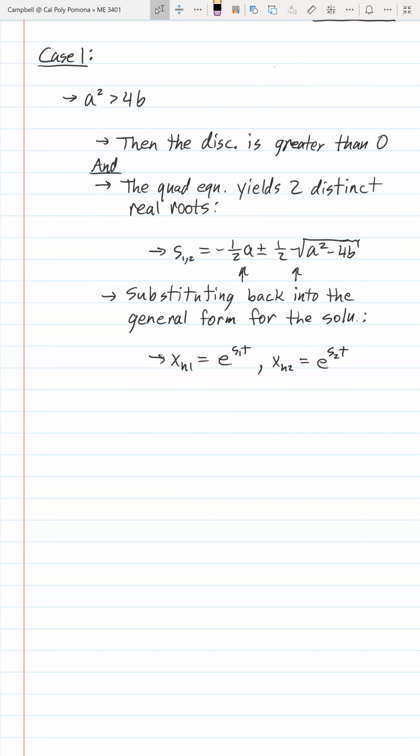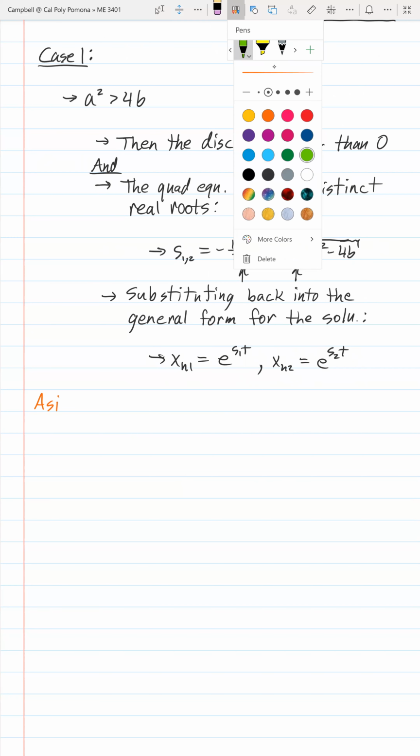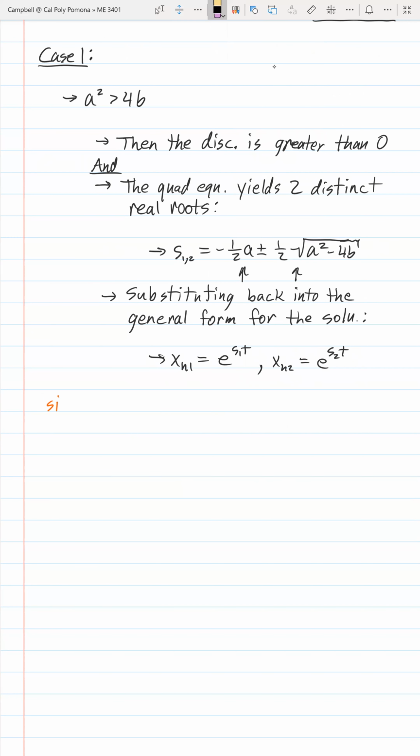Now, let's just do this in a different color. Let's do it in green. The orange looks a little alarming. Okay, so let's go ahead and have a little aside.